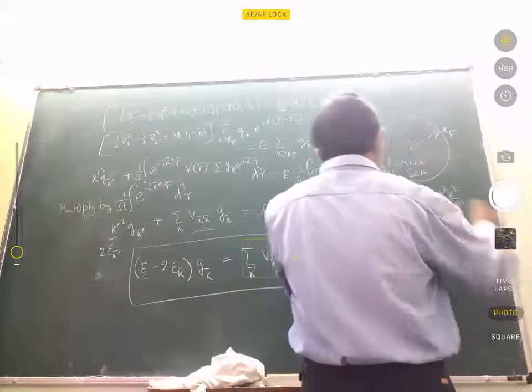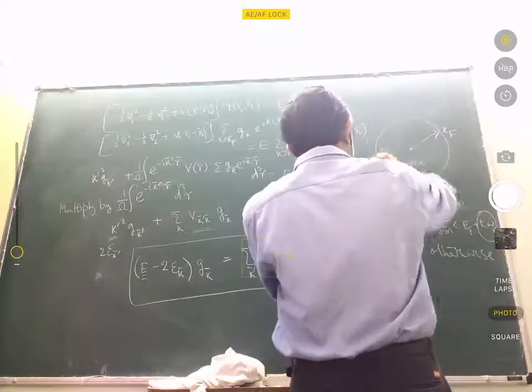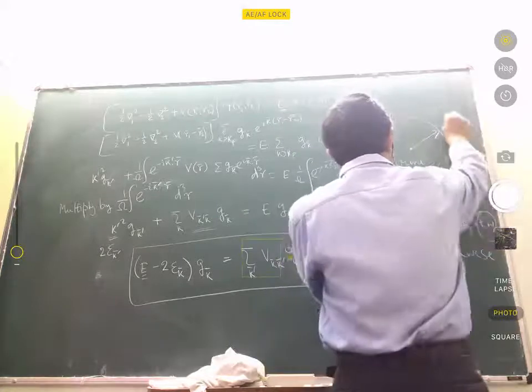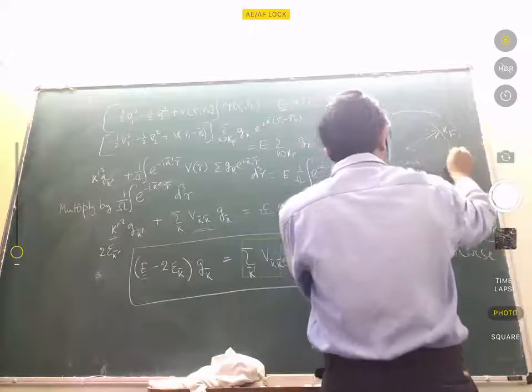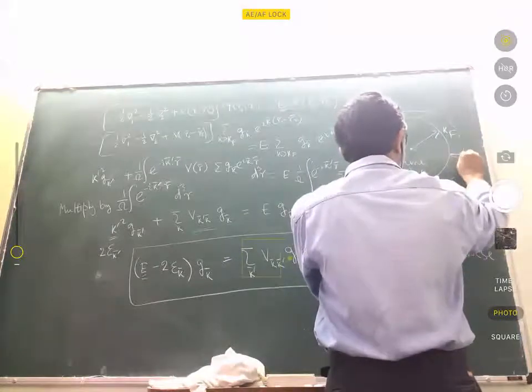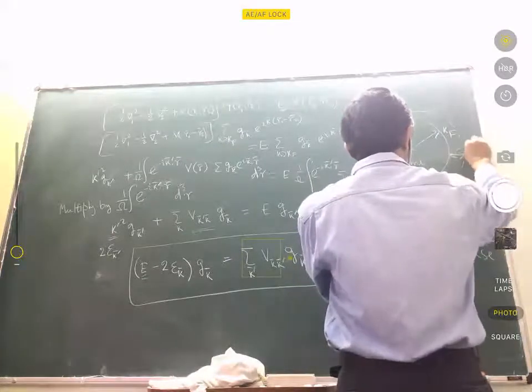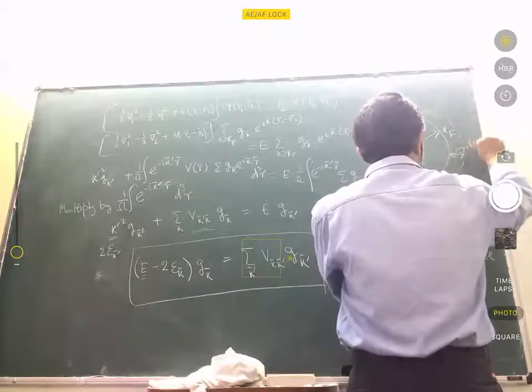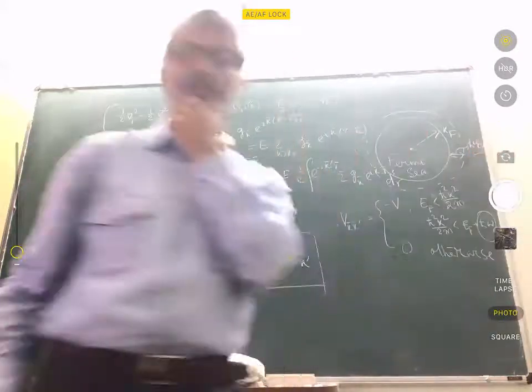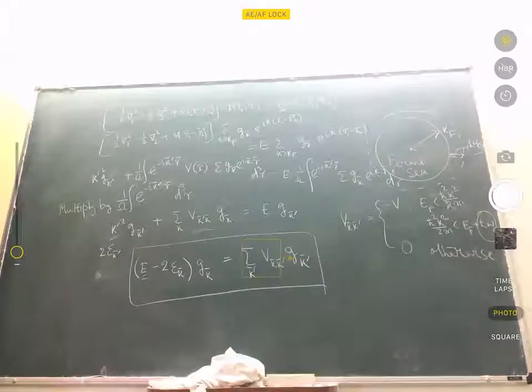So these two electrons are basically within this range of energy, and this range is ℏω_c. So that's the sort of assumption.